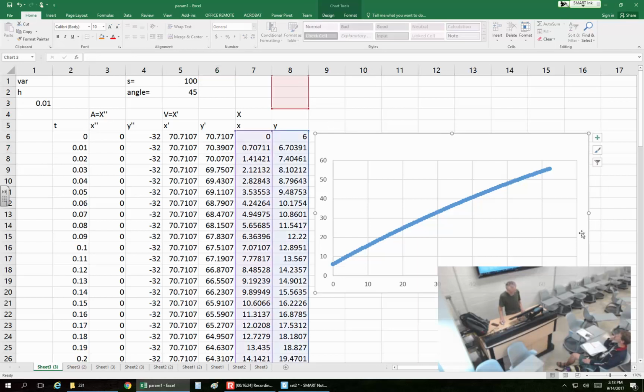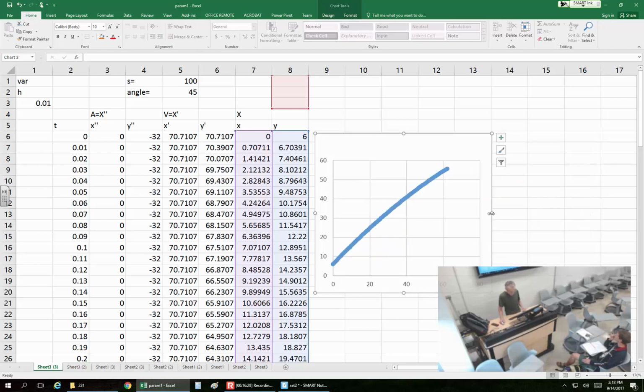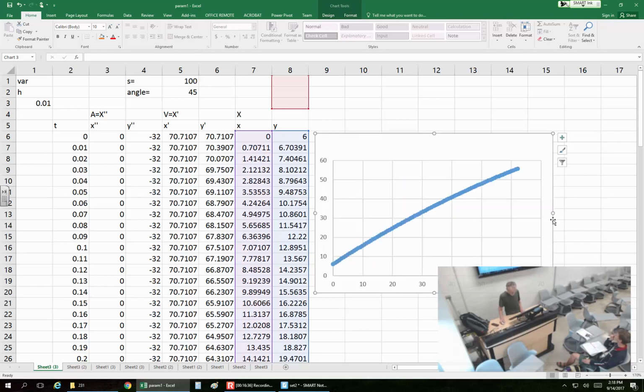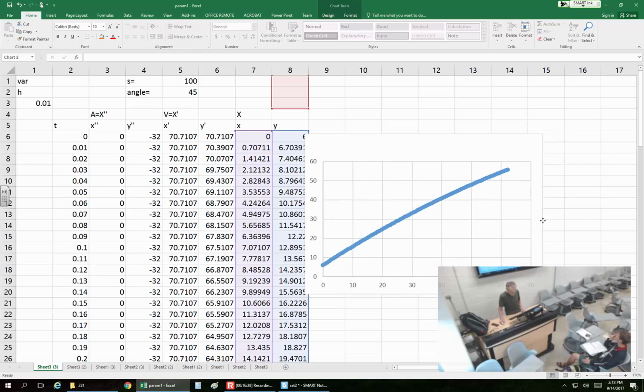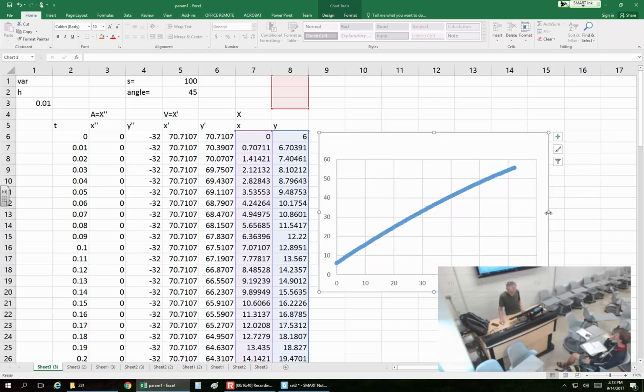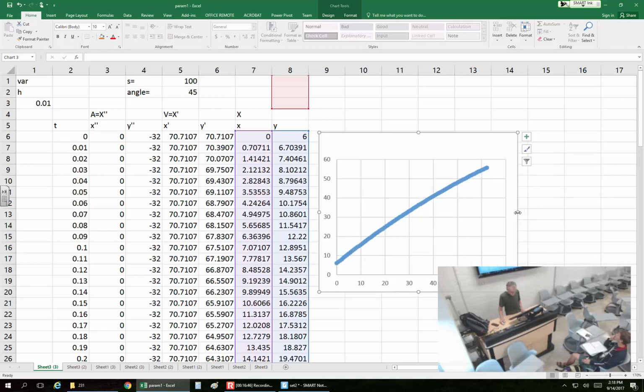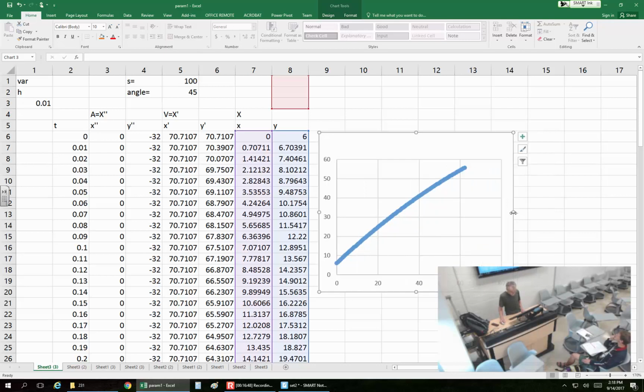Let me resize the chart so that we have more reasonable proportions. So we would recognize roughly at least that there is a 45 degrees throw. So it's close, right? So it's reasonable, more or less, that we are throwing at 45 degrees.